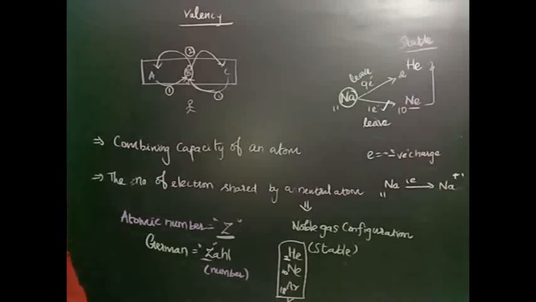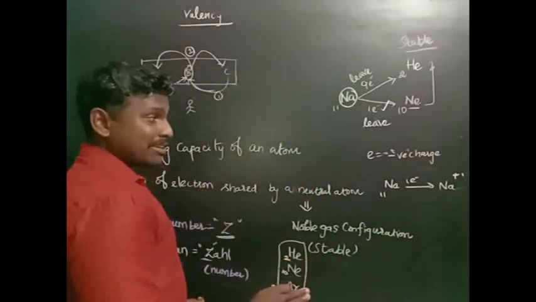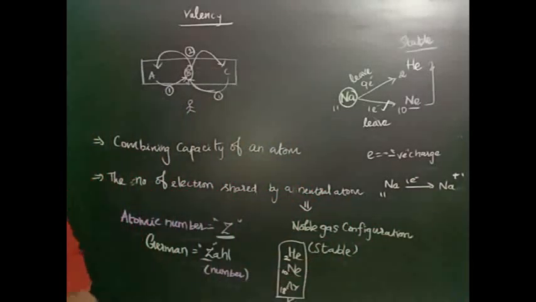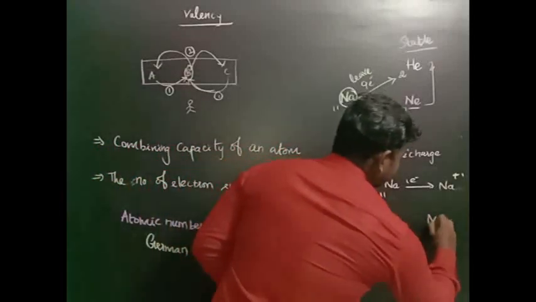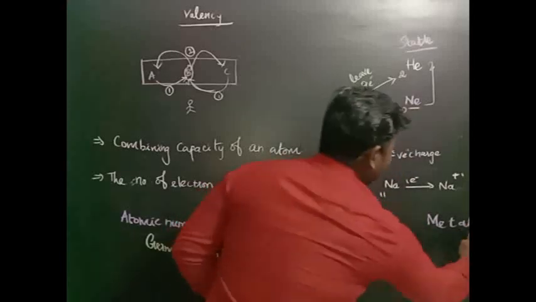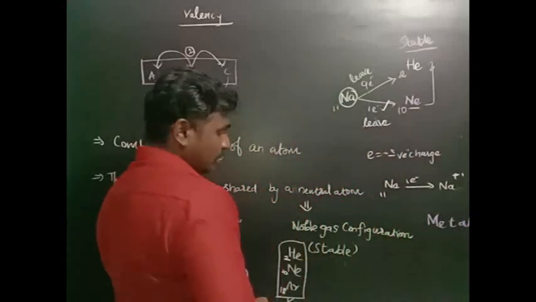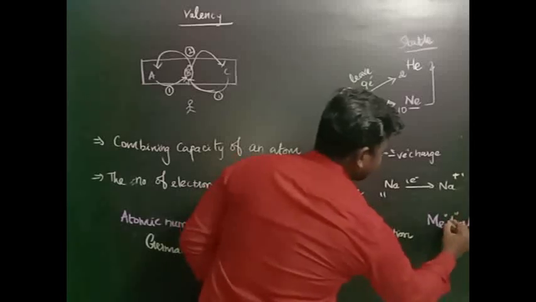I am going to indicate that while you are leaving an electron or while you are gaining an electron, the atom will get a positive charge or a negative charge. And one more thing I conveyed also: almost all the metals have positive charges.